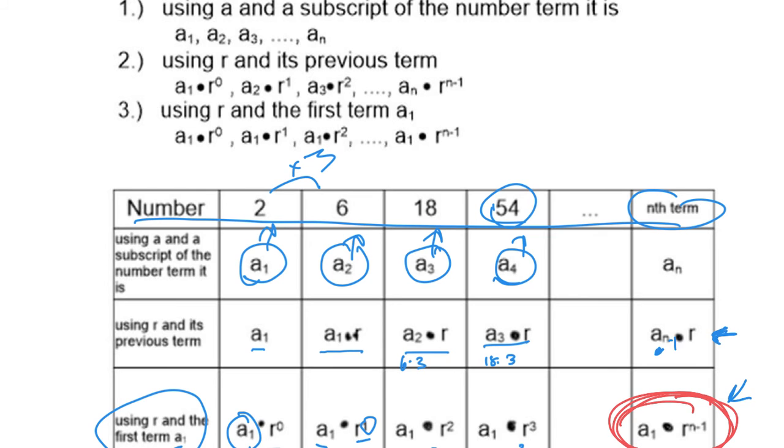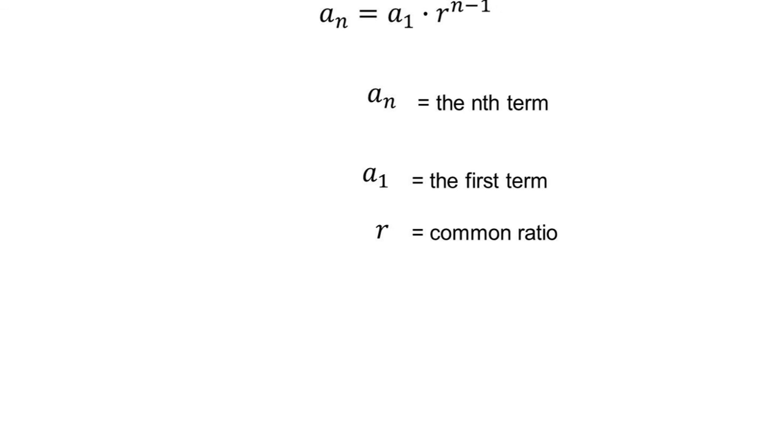And this is the formula for any term. First term times common ratio, whatever position your n is, minus 1. Okay, so that's a long explanation as to how these formulas work. Here's the formula for the nth term, this is any term.